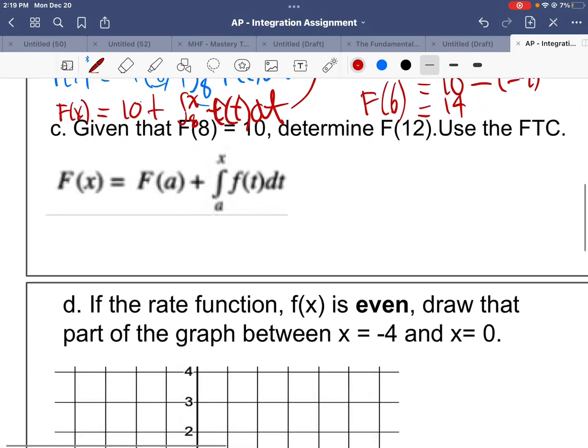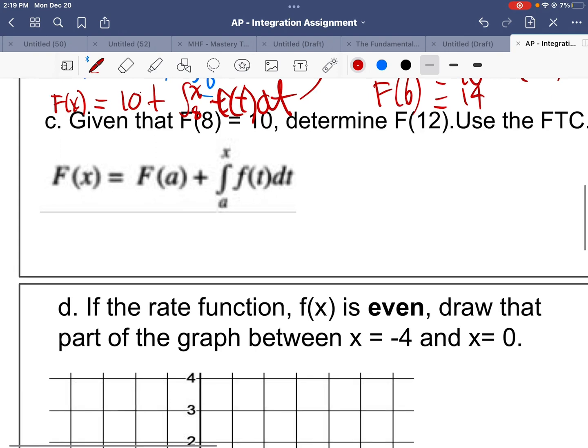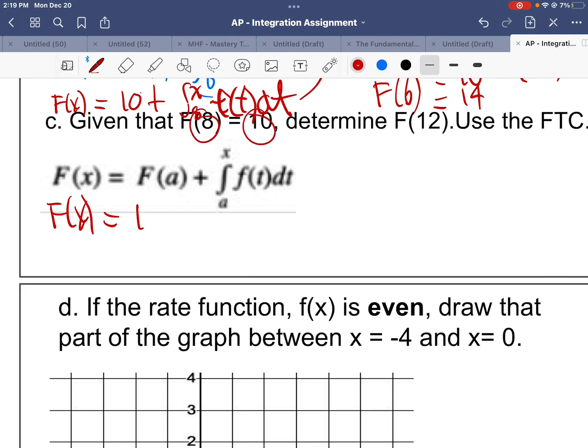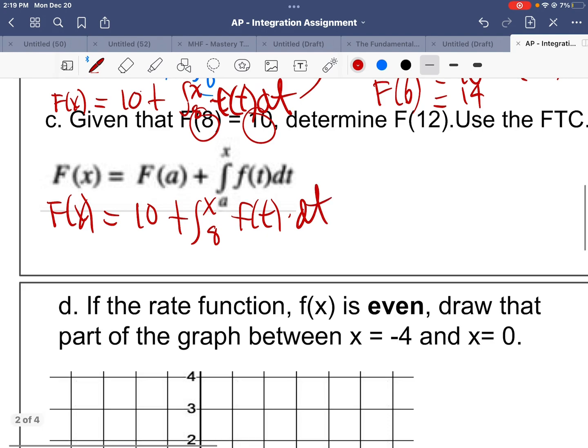Same sort of thing as before. So we've got F at x equals F at a, and our F at a is still F at 8, which is 10, plus the integral from x equals 8 to some number x, f at t dt.